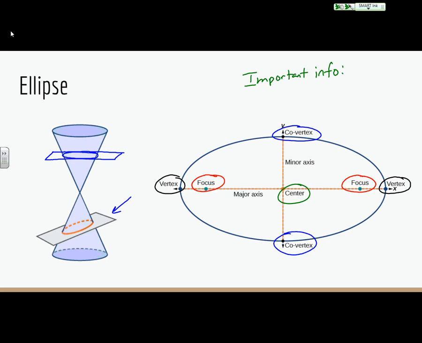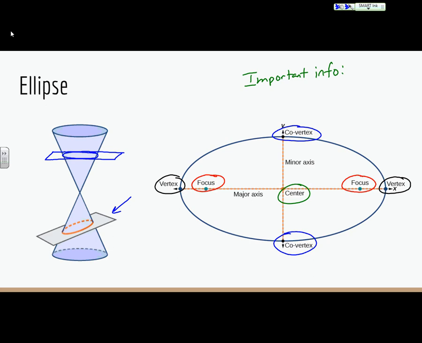A couple of other items that I did not mention was the major axis. I will be talking about the major axis, but the major axis is not anything you have to label. The major axis is going to be the longer line of symmetry that is connecting the vertices, whereas the minor axis is going to be the smaller line of symmetry that connects the co-vertices.